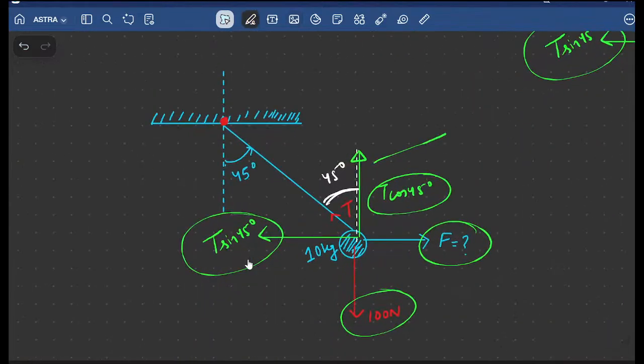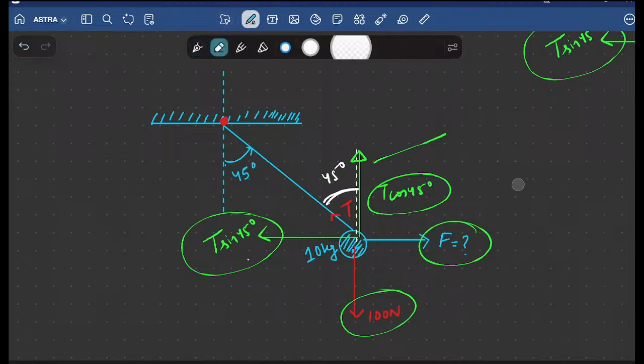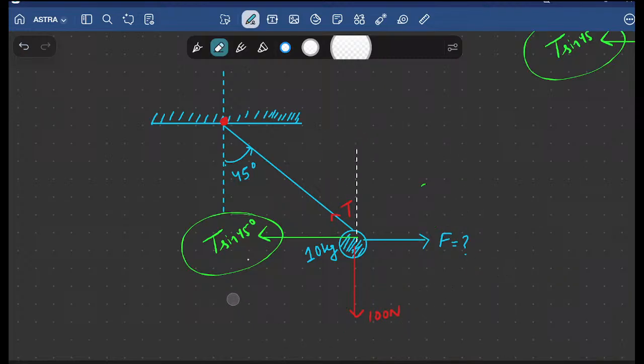Just understand carefully. Listen very carefully. First of all, let me erase all these things. No need to do this much hard work.